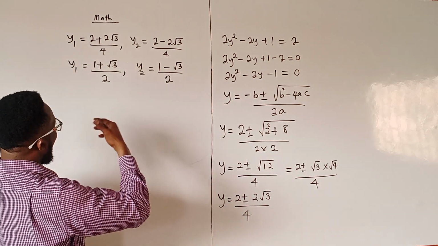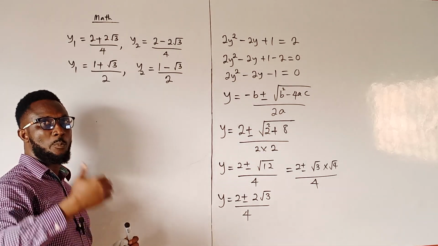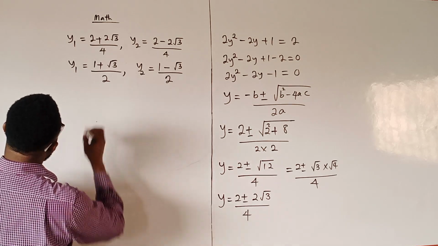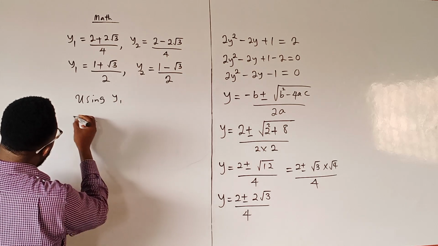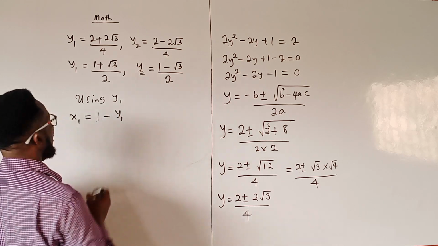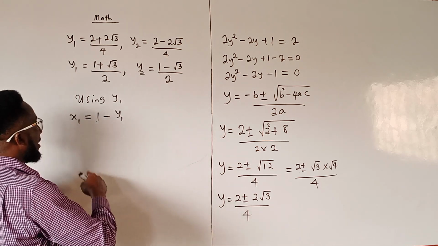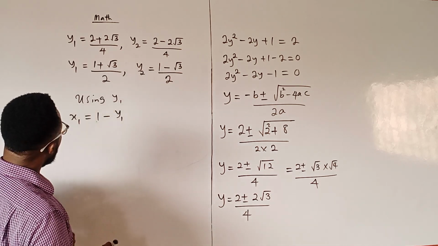Mind you, our goal is to be able to express x to the 8 plus y to the 8. So now using y1, I will say x1 equal to 1 minus y1. So this is the first coordinate. The subscript 1 is just to designate the first, as the case may be.